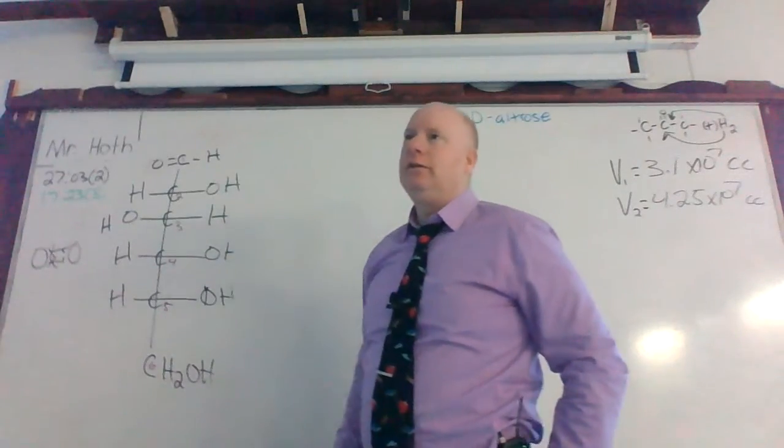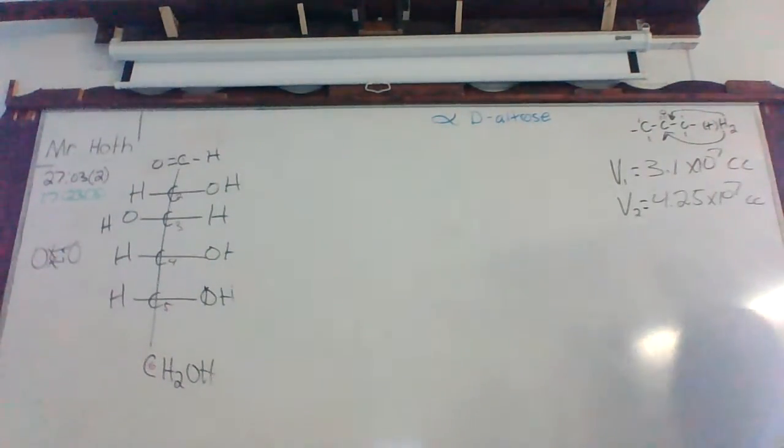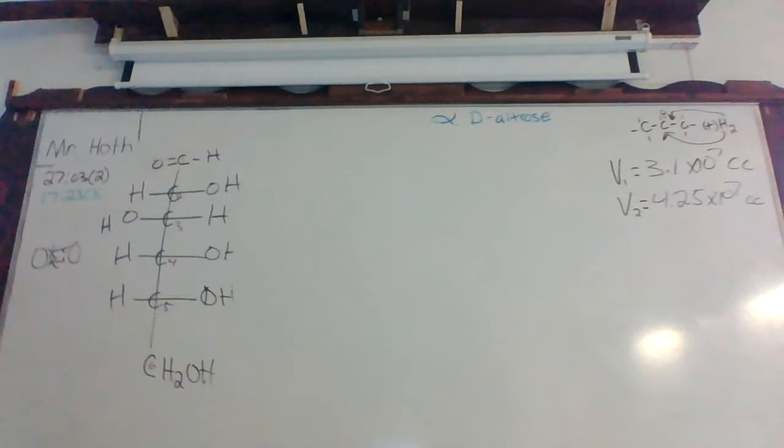So galactose and glucose are fairly similar, where mannose is a little different. It's left, left, right, right.